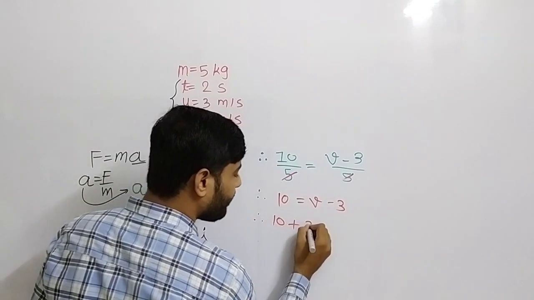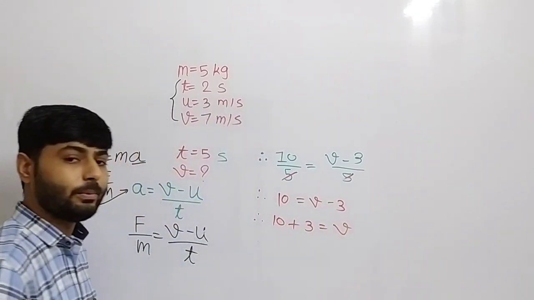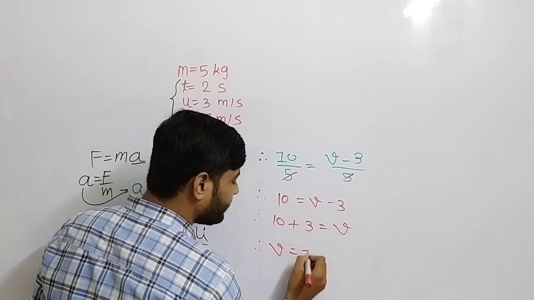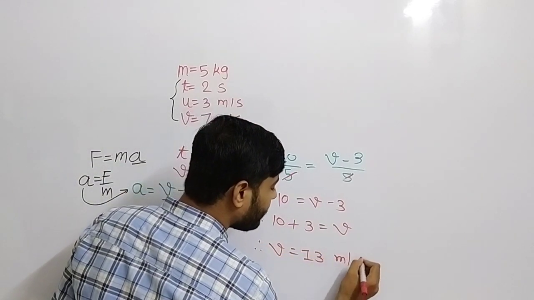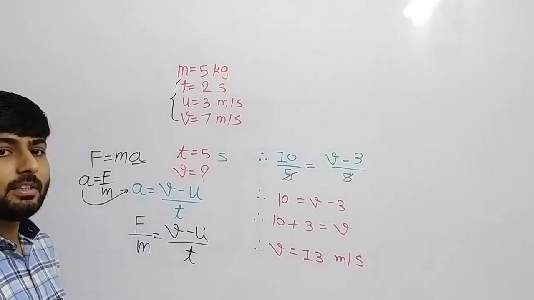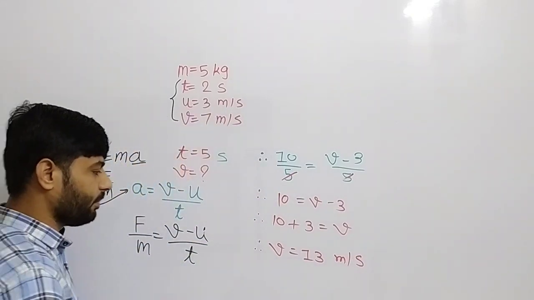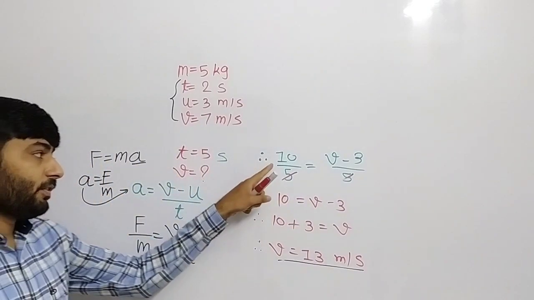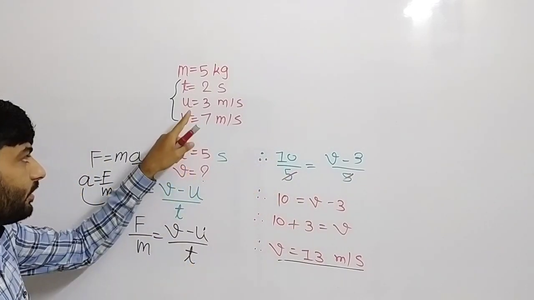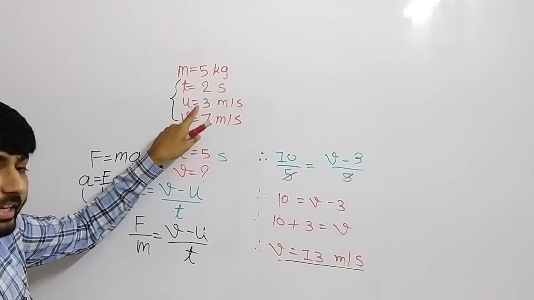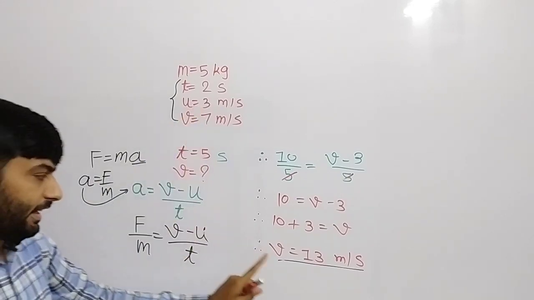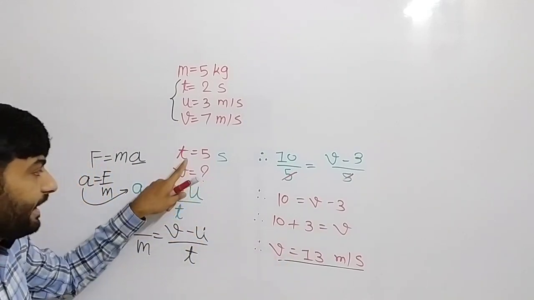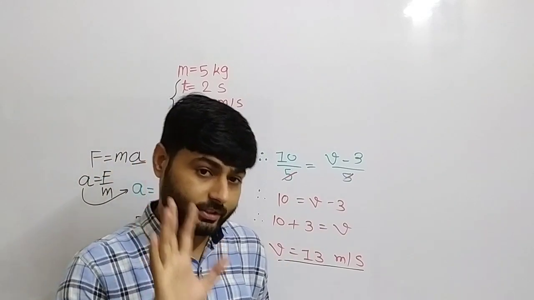So 10 plus 3 is equal to V. So we will get V is equal to 13 meter per second, which means by applying a force of 10 Newton, the initial velocity of 3 meter per second will increase to 13 meter per second in a duration of 5 seconds.